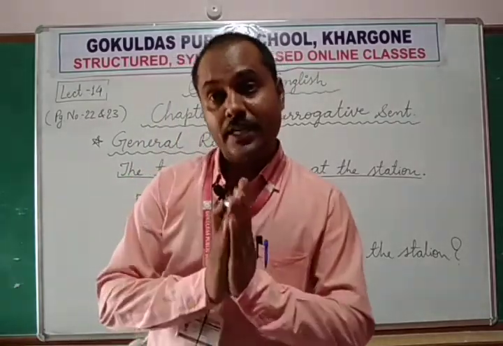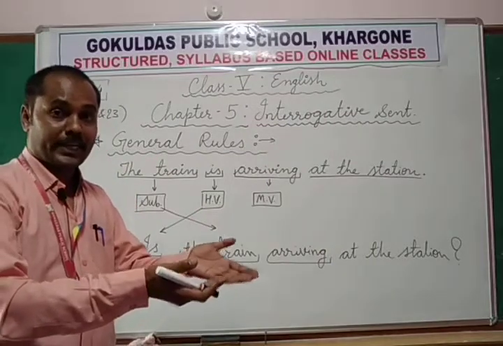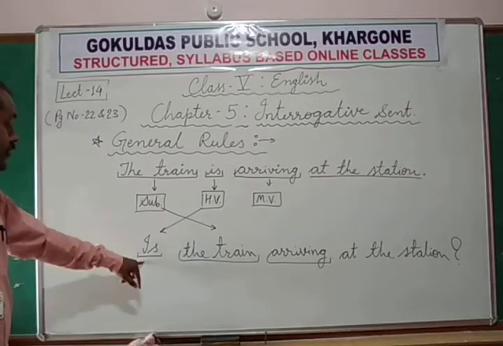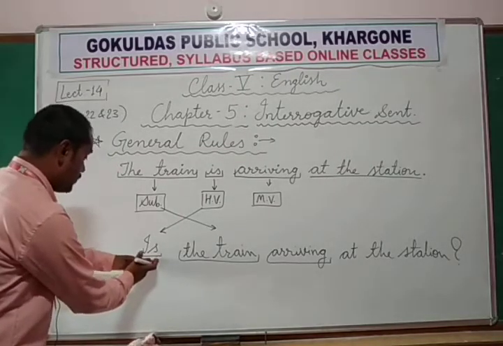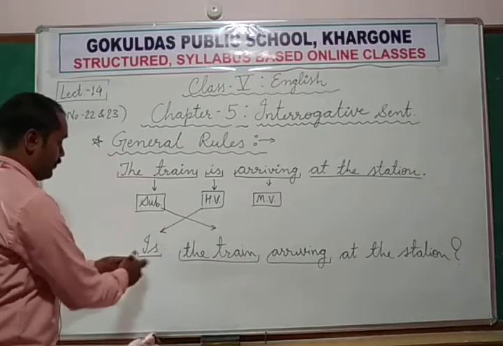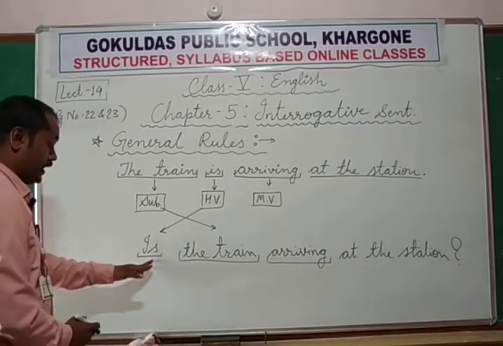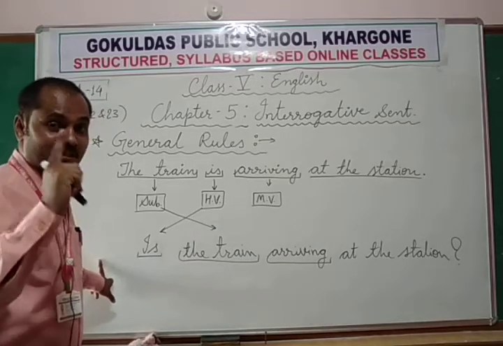But where to place these question words? If we want to ask or collect some information, we use these words. But they always come at the first position, means before the helping verb. Question words are always placed in the first position.